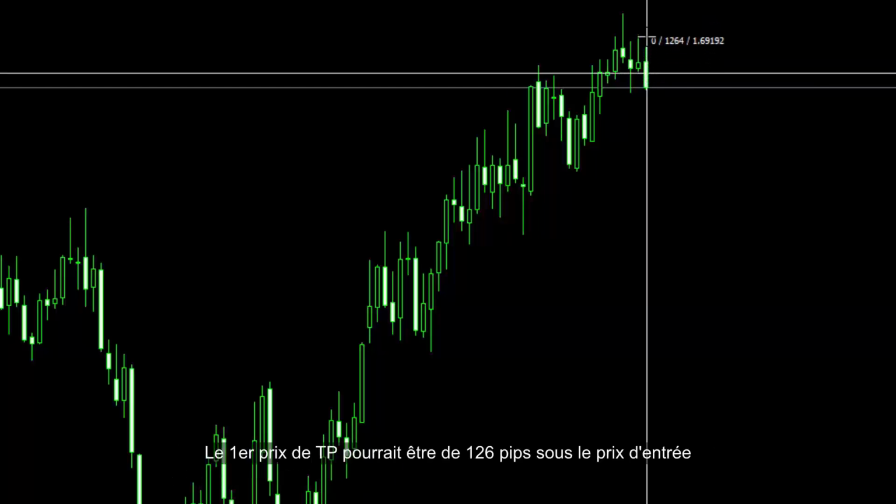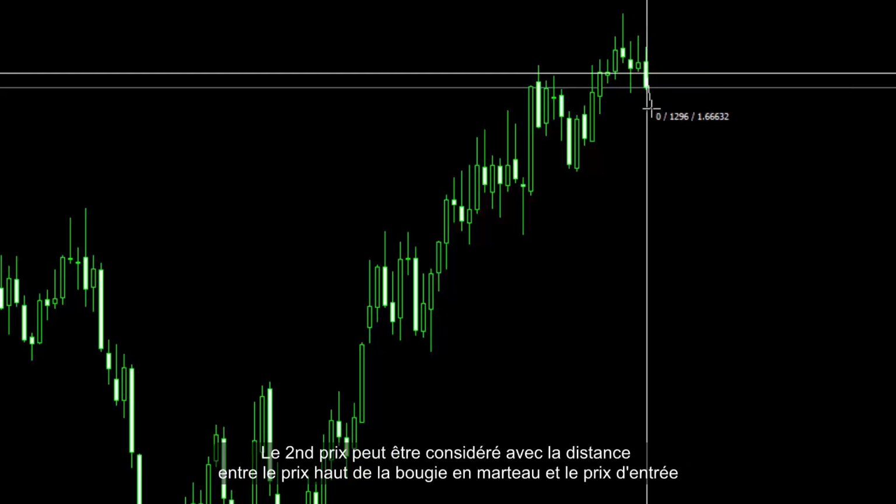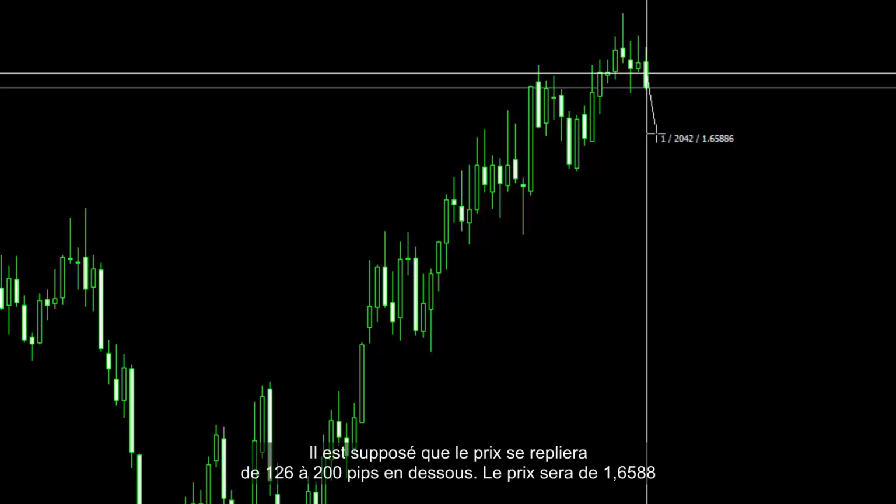The first TP price could be 126 pips lower than the entry price. The second TP price can be considered with the distance between the high price of a hammer candle and the entry price. It is assumed that price will decrease 126 and 200 pips lower.